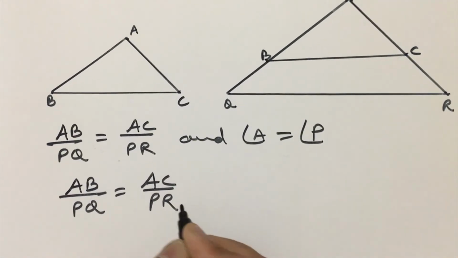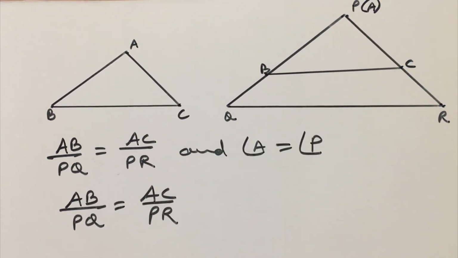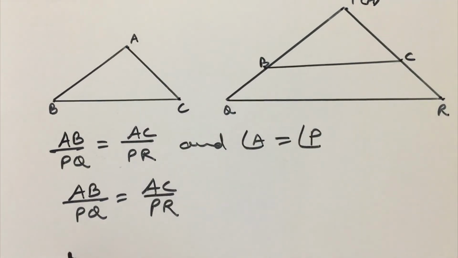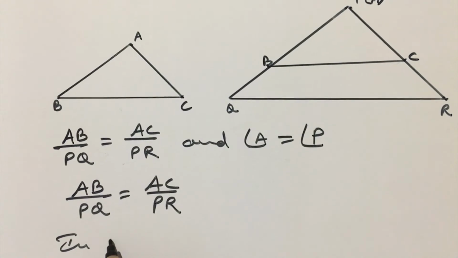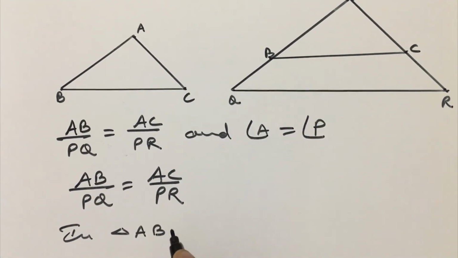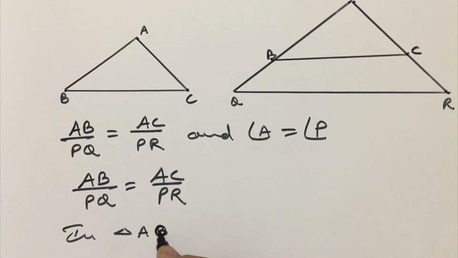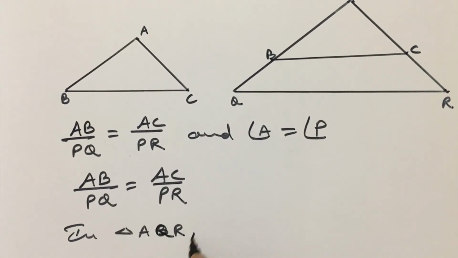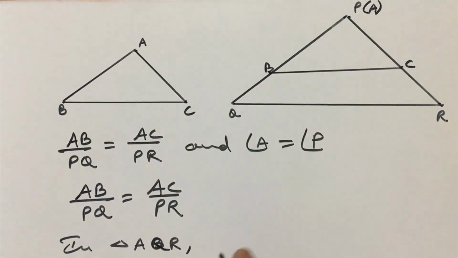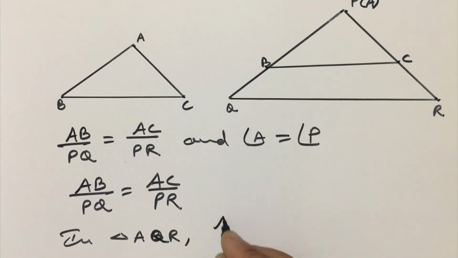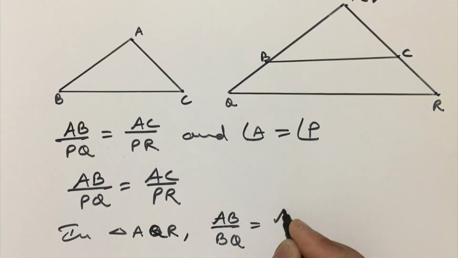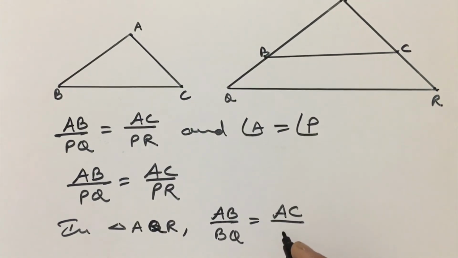And in triangle AQR, sorry, you can take AB by BQ is equal to AC by CR.